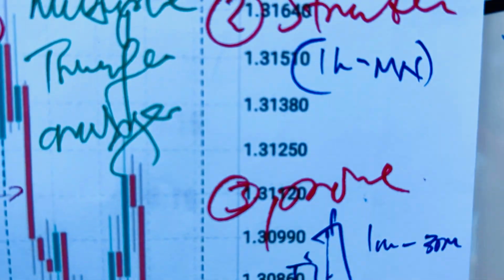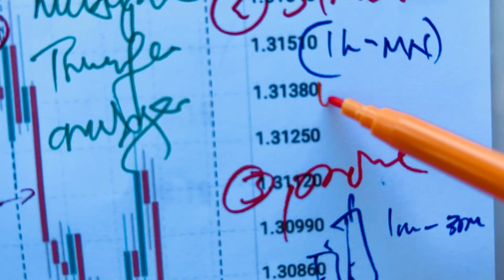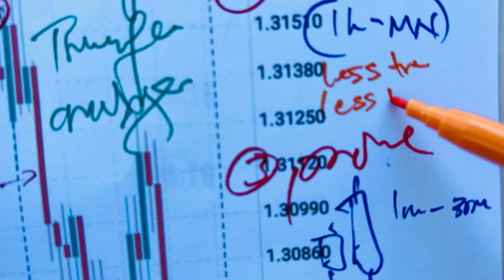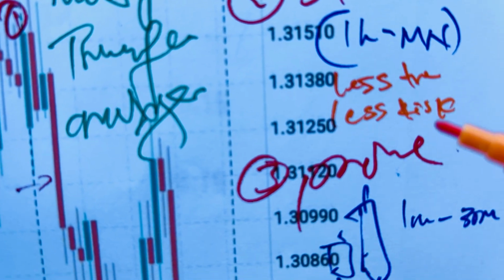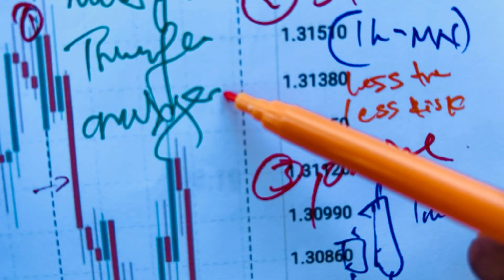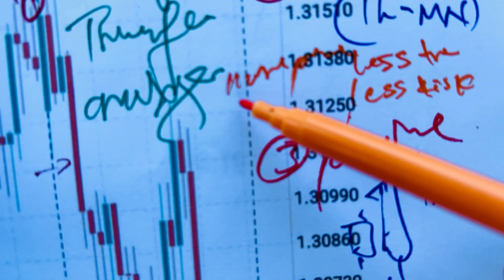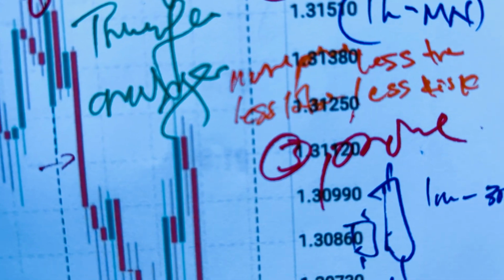Okay, let's look at this case. If you're using 1 hour to the 1M, you have fewer trades, less risk in terms of how many chances you get based on these trades, and you're expecting to take more profit and using less lot size.